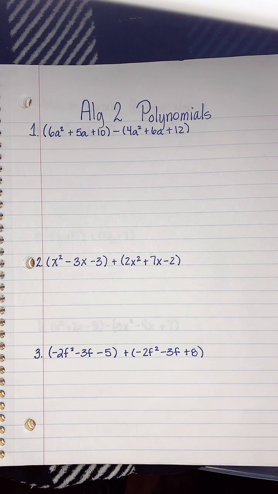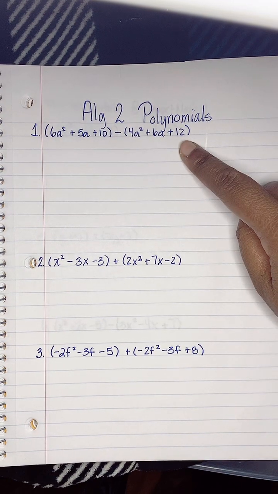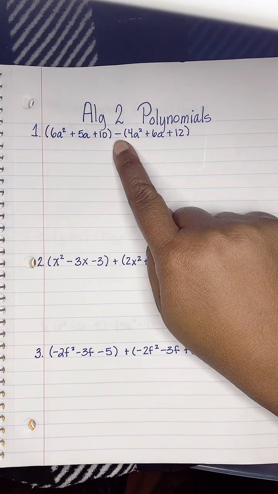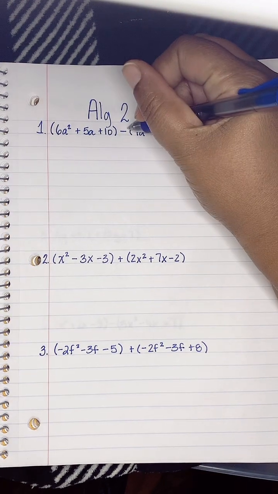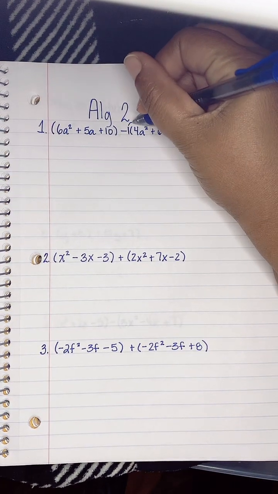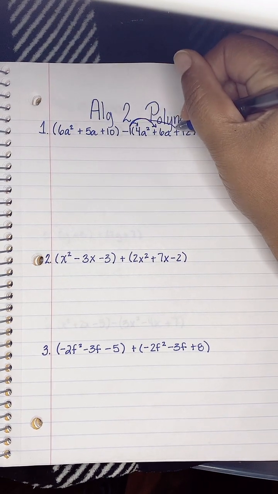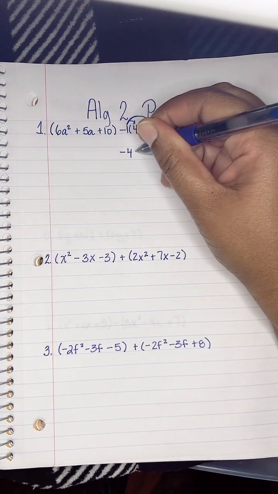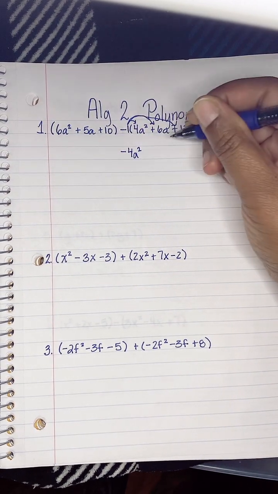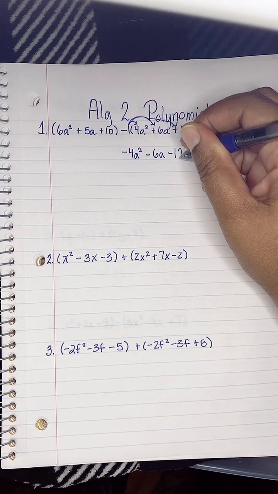Whenever you're subtracting polynomials, you have to remember the first step: distribute the negative. There's an imaginary -1 here, and you multiply -1 to everything in the parenthesis. So we're going to rewrite this as -4a squared minus 6a minus 12.